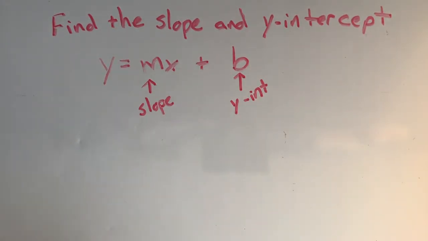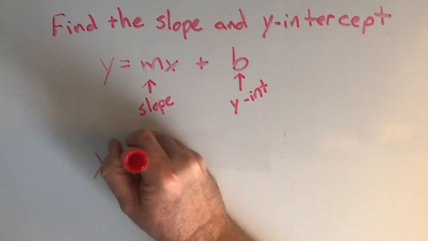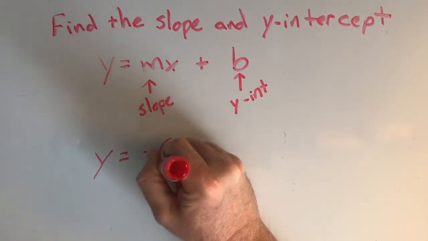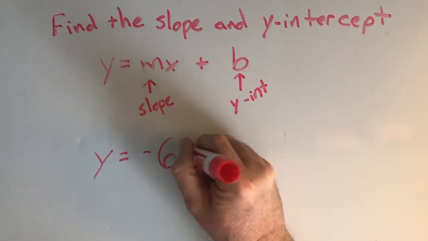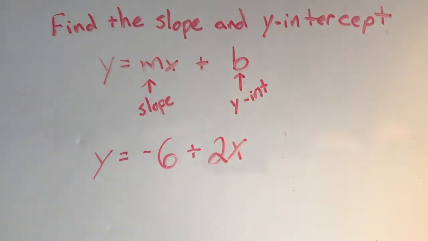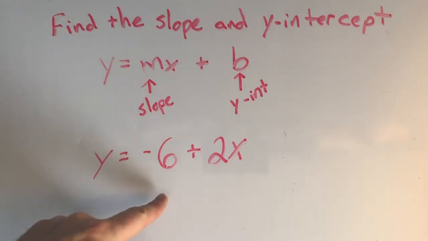What happens if we have y equals negative 6 plus 2x? What's the slope? Is the slope negative 6?